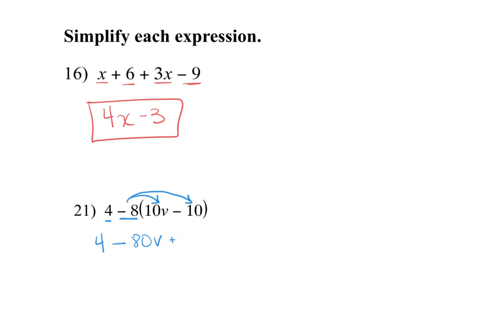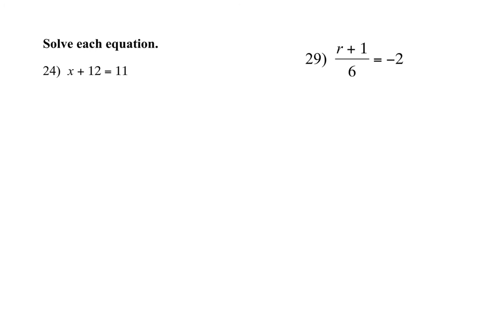That's a +80. And then at this point, we're just combining like terms. I have a 4 and an 80. That's 84. This -80v, it has a v in it, and there's nothing else that has a v, so I cannot do anything else with it. I am finished.